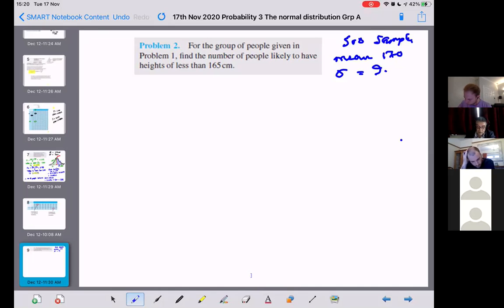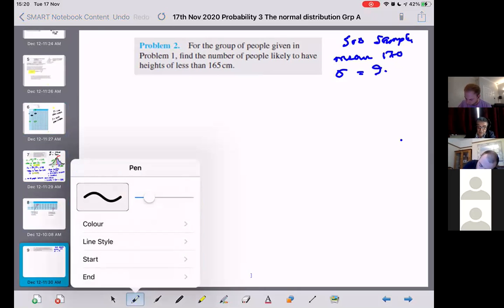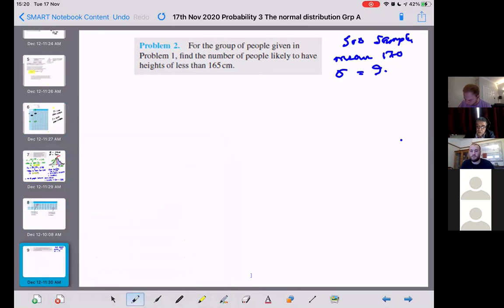Again, I'm going to draw the sketch because I think it helps, and I do recommend that you put sketches in your assignment answers. There's our horizontal line. There's our normal curve.